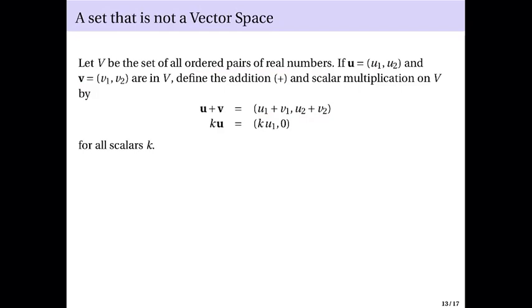For the scalar multiplication Ku, if K is a scalar and U is an object in V, Ku will be defined as follows. K will be distributed to U1. So the first component of Ku will be Ku1. However, the second component will just be 0.